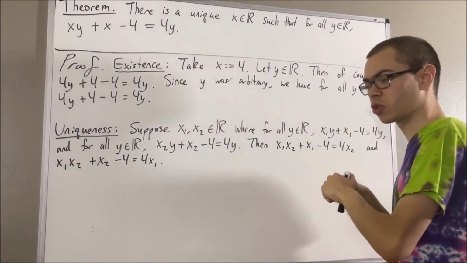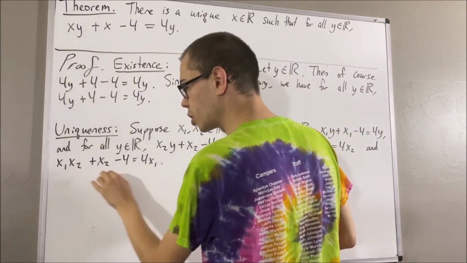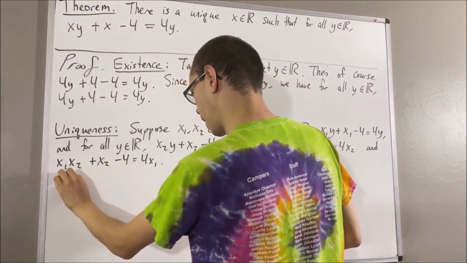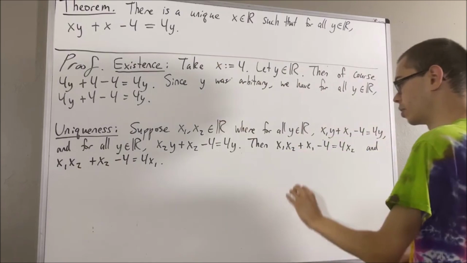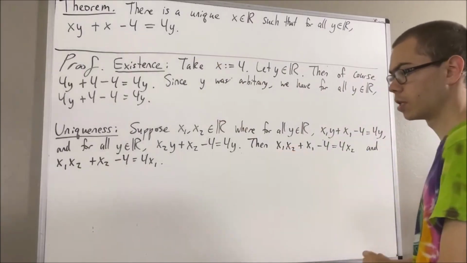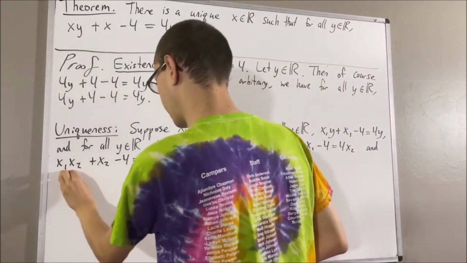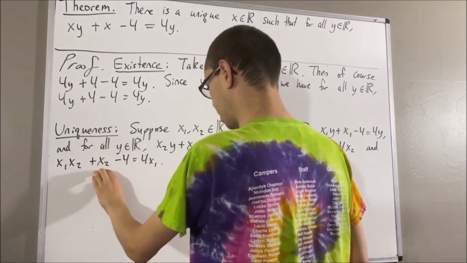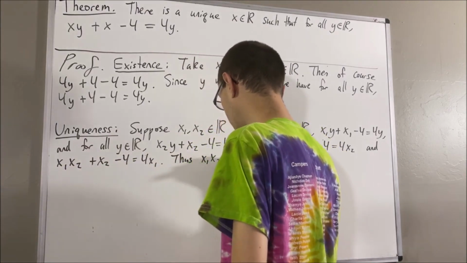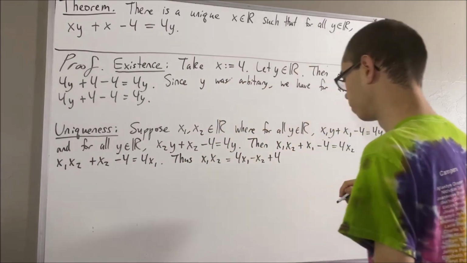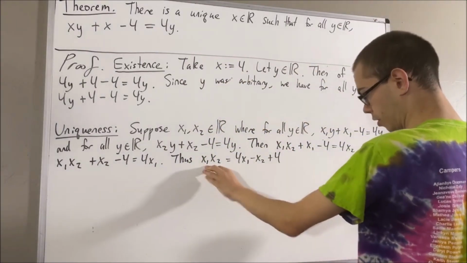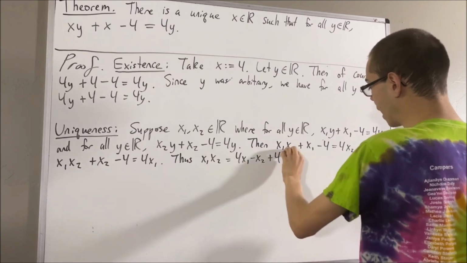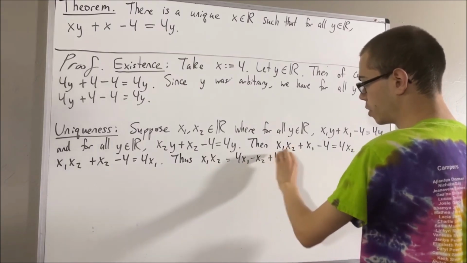And if you recall from our scratch work, we took this equation and solved for x1, x2. And we took that result and substituted it into the other equation. So let's take this equation and solve for x1, x2. If we do that, we're going to get 4x1 minus x2 plus 4. So now, since x1, x2 is equal to this, we can take x1, x2 here and substitute it for this.